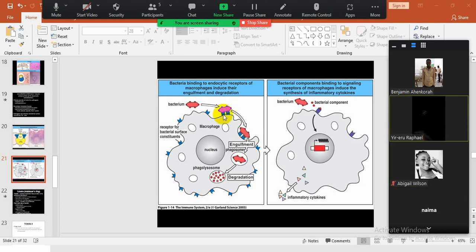The bacteria will bind onto it using the antigens to bind onto the receptor. The blue thing is the receptor. After binding, the plasma membrane over here will curve inward. We call it engulfment, and it forms a vacuole or a phagosome.